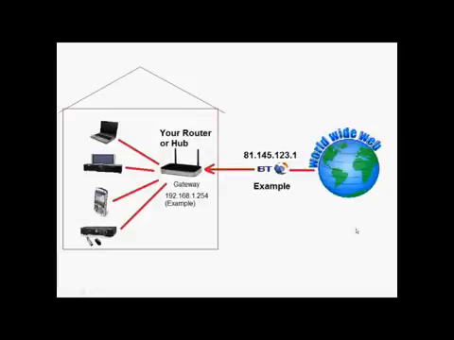A router is a device in your household that normally stands between the devices at your home and your ISP, or the outside internet. The router's job, first of all, is to distribute the internet facility to a few devices.